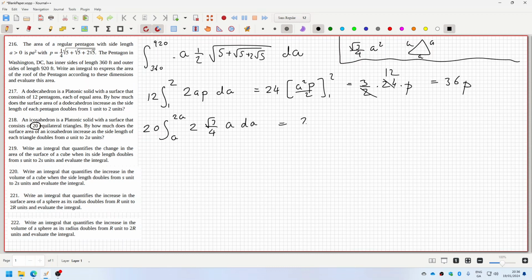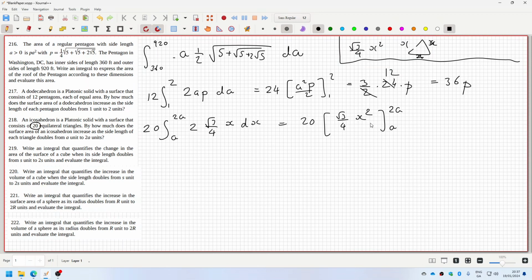So that would be 20 times the integral of root 3 over 4 times 2A. Actually, maybe I don't want to mix things up, so I'll call that X instead, because the A is being used for something else in this question.